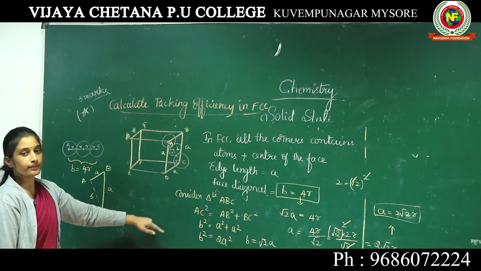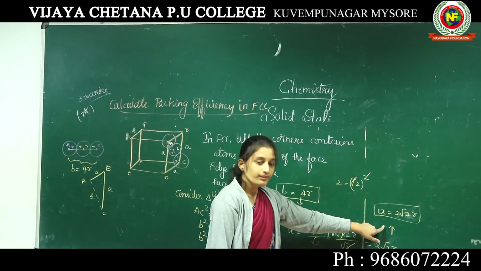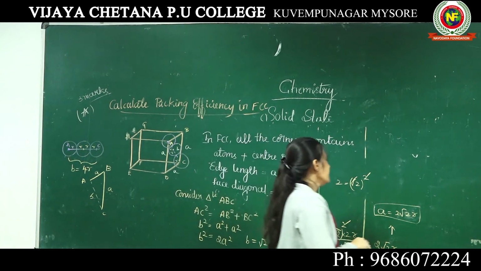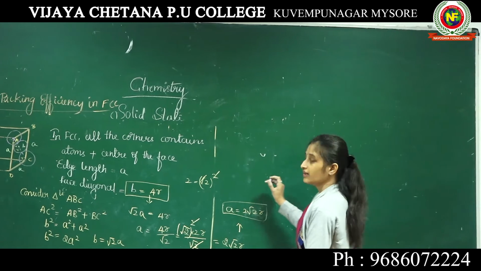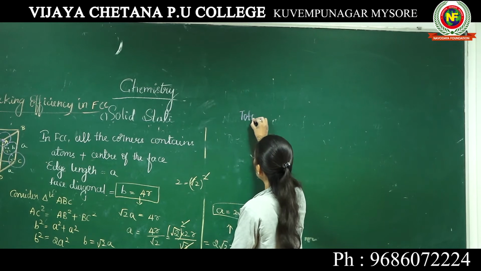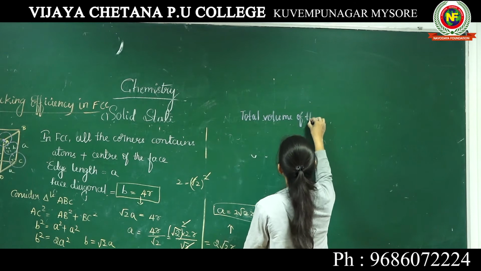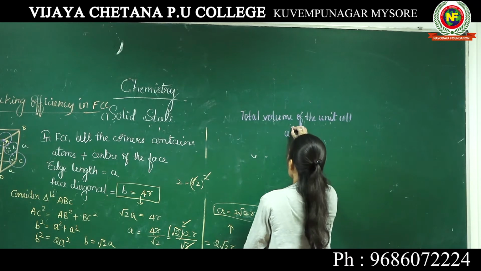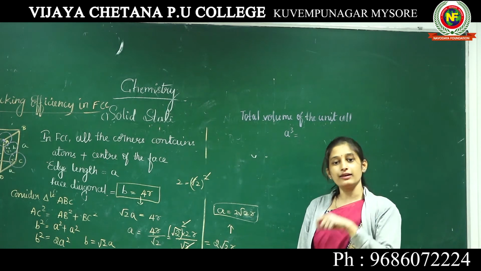Still now, we come to know the value of a is equal to 2 root 2 R. Next, after this, see the total volume of the unit cell. Total volume of the unit cell, a cube, is equal to, you know how a cube came? a into a into a, it becomes a cube.